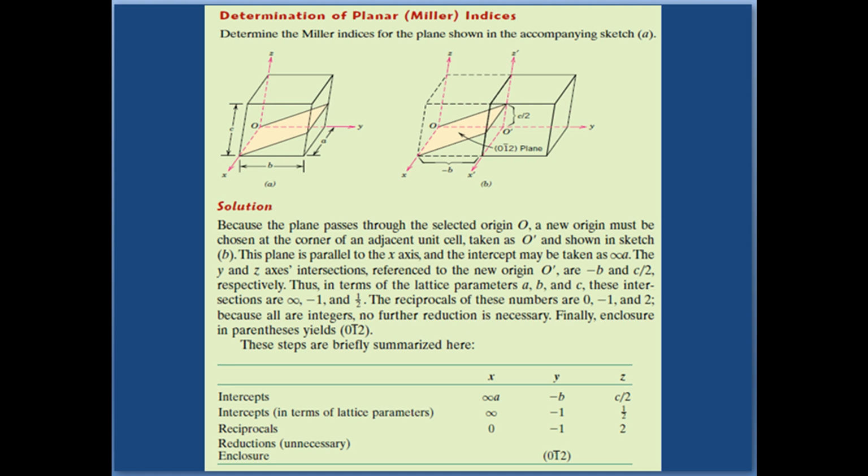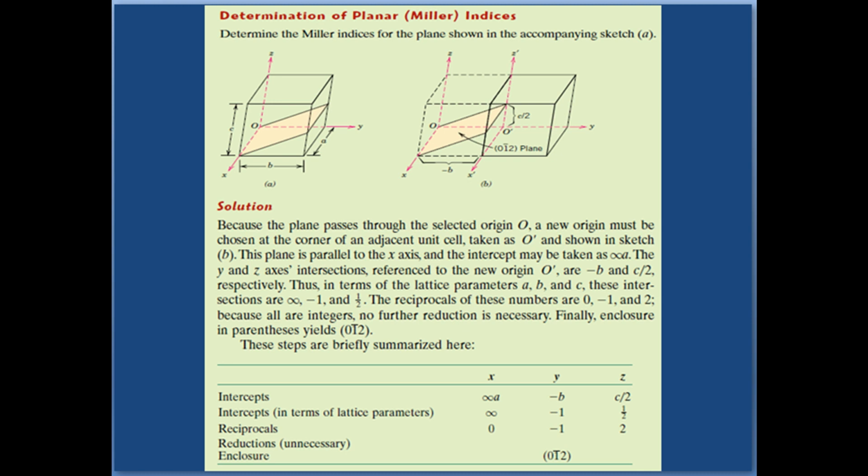Now, the second step is, at this point, the crystallographic plane either intersects or parallels each of the three axes. The length of planar intercepts for each axis is determined in terms of lattice parameters, that is a, b and c. It is our second step.